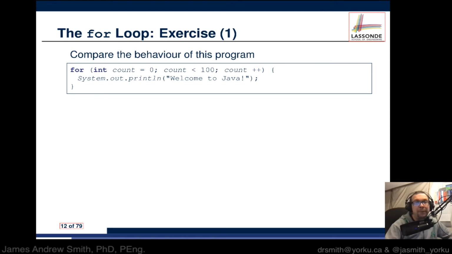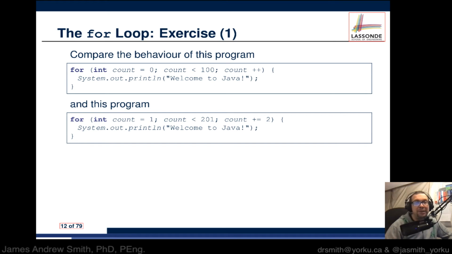All right, next up, let's compare the behavior of this particular program. So the very first one is a block within the program. We have our counter, it's an integer, and it initializes to 0, and we're looking for all the counts less than 100, and we're going to increment our count, and then we print "Welcome to Java" as a print statement. Now compared to this, we've got the same for loop right there. We still have an integer as a counter.